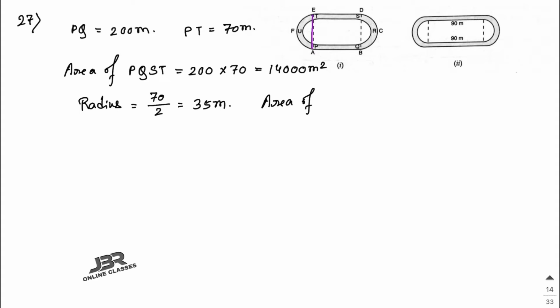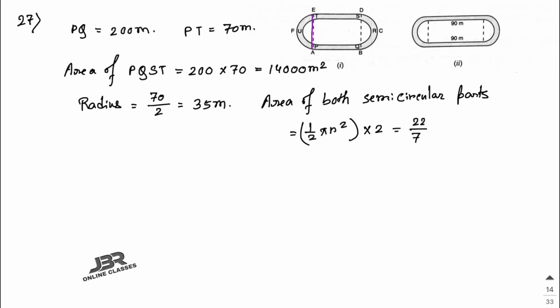So the area of both semicircular parts equals half pi r square into 2. As there are 2 semicircles, that's why we multiply by 2. So 22 by 7, the 2 cancels out, r square means 35 into 35 meter square.